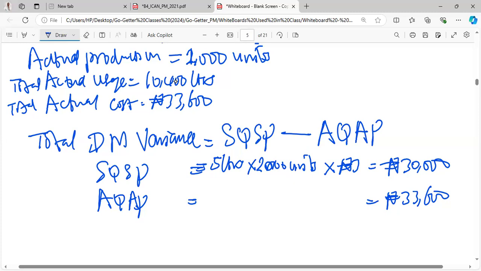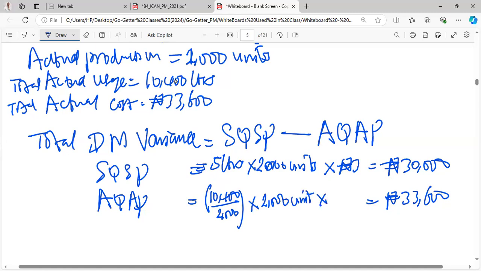To know how many liters were used for one unit, you simply take the 10,400 liters divided by the 2,000 units produced. Multiply that by 2,000 and you get back the total.